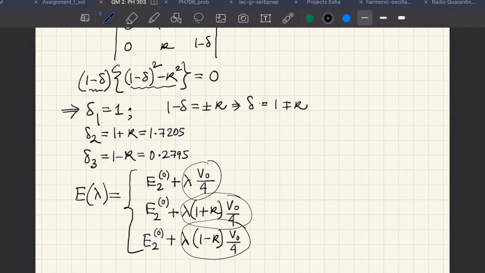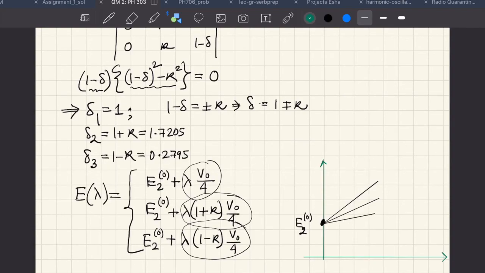So this has been the feature of this problem, that if I start with some value of say E20 somewhere here, which by the way we know from the unperturbed case, then we immediately see that there is a lift of degeneracy like this.